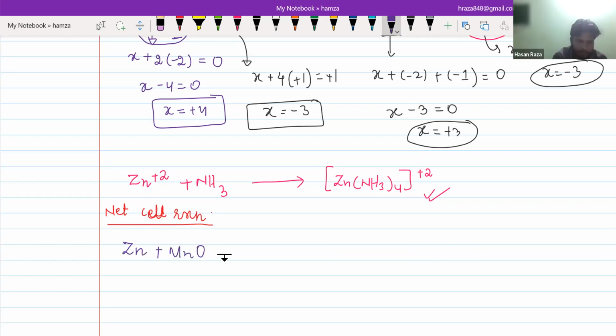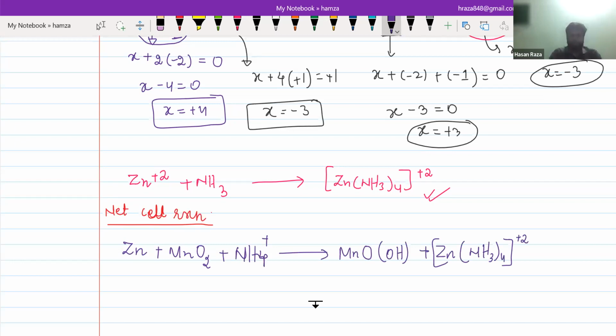You can write it on your own. Left will be added. Please write these two equations.